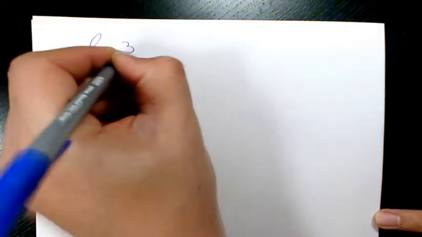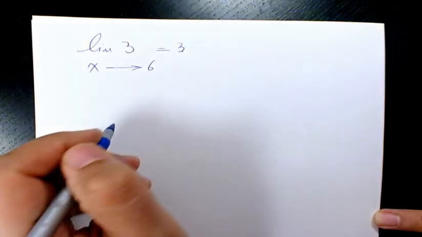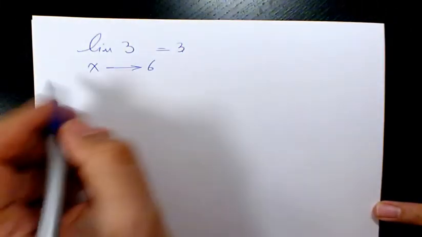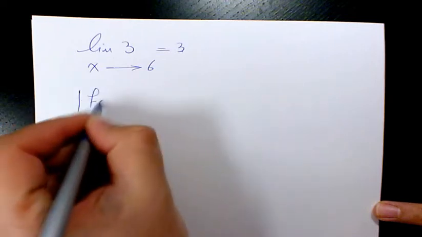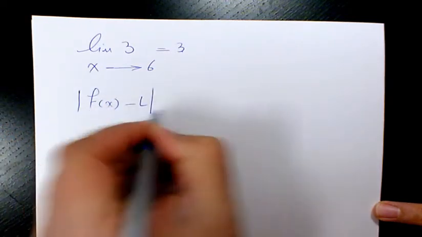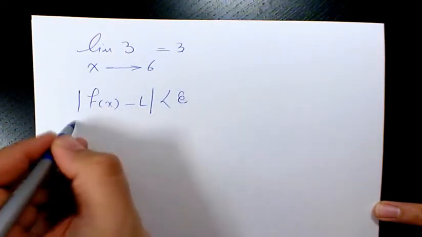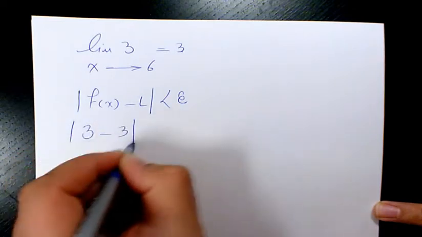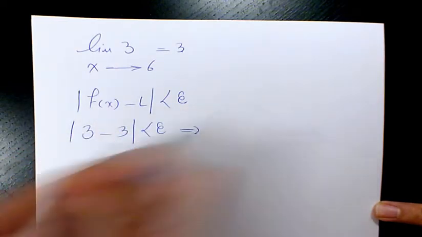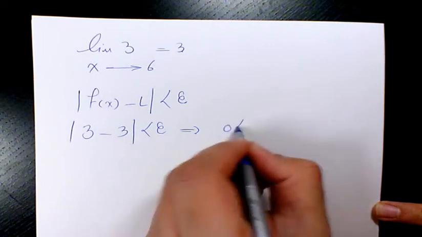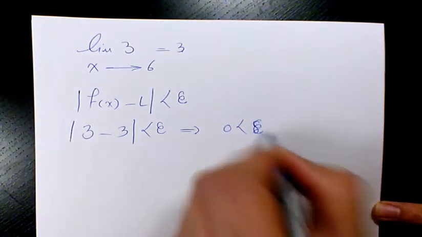Next one is the limit of 3 when x is approaching 6, which equals 3. So you can say that the absolute value of f of x minus L has to be less than epsilon. So 3 minus 3 has to be less than epsilon. 3 minus 3 is 0, and 0 is less than epsilon.